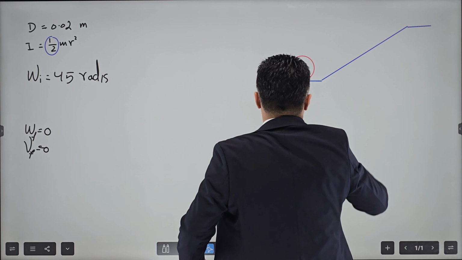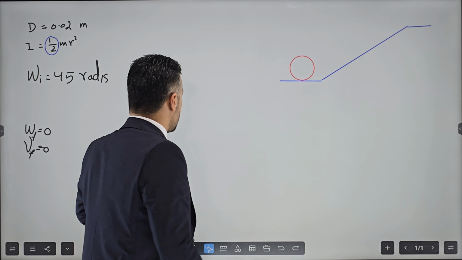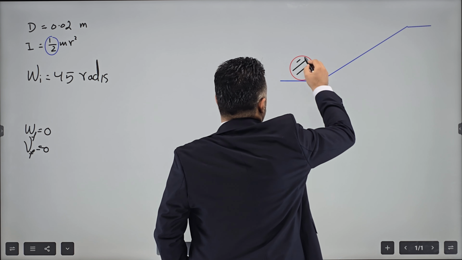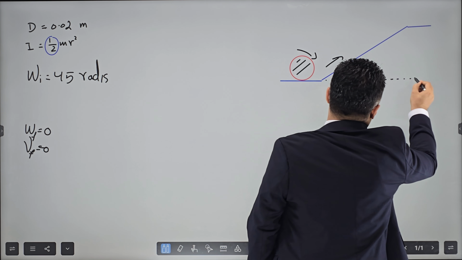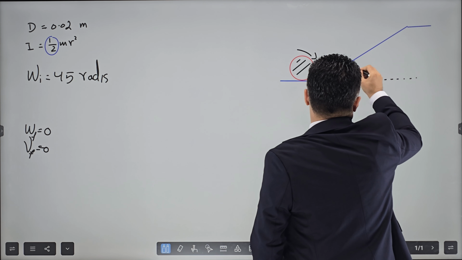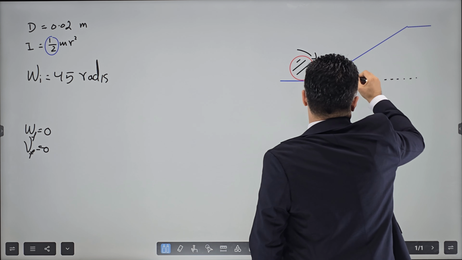Let's make it red. Okay, so this coin is going to roll up and move, but we're just trying to see how high it will go up. This angle is 15 here. Let's just say it might stop at this point here. How high is this point here? Could be at any point, by the way. So this is what we have.